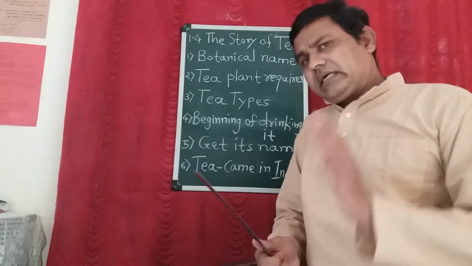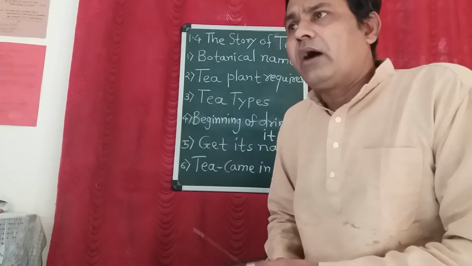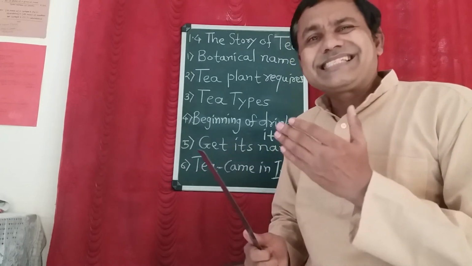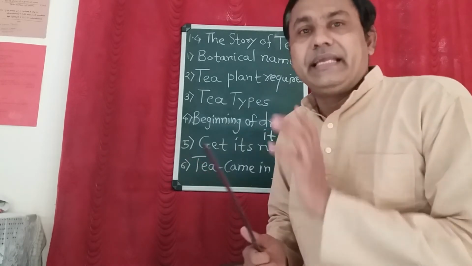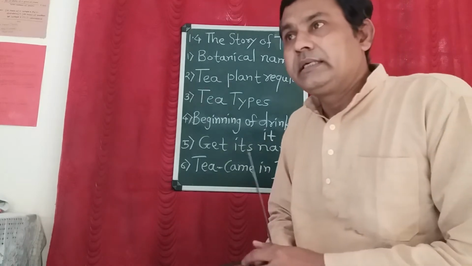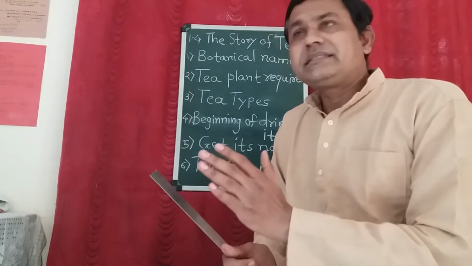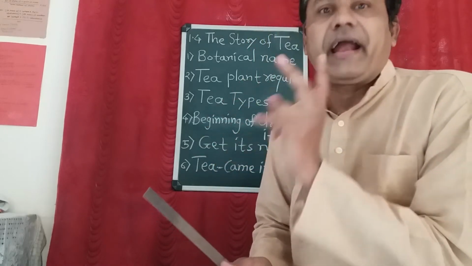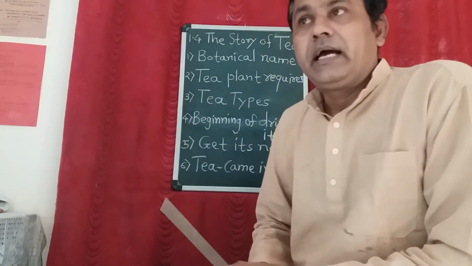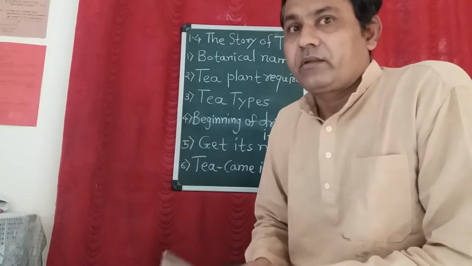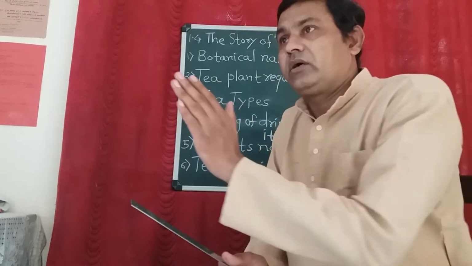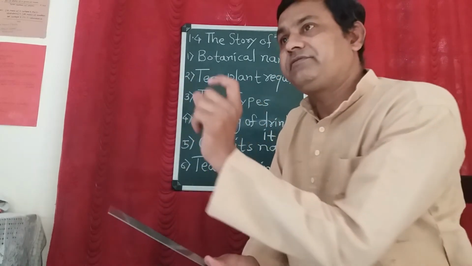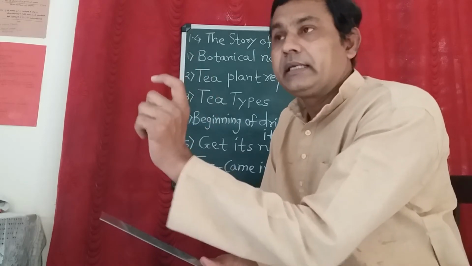Now, the question arises in our mind: how and when did people start drinking tea? So friends, there are some legends. Listen, there is a difference between legend and fact. A fact is tested on proofs, and it is said to be reality.